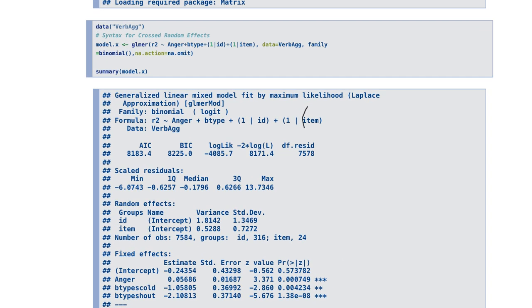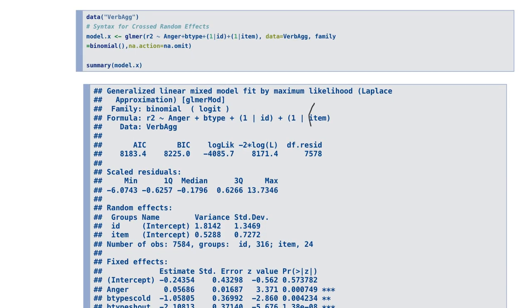Now the secret to fitting them, there's really no secret at all. It's exactly the thing we've seen. You just have two random intercepts, one at the ID level, one at the item level. We don't have that slash. If we had item under ID, it would be like ID/item. That doesn't make sense here because you can't ask the same question more than once, but for something that's nested, you put them both here. I forgot the direction.